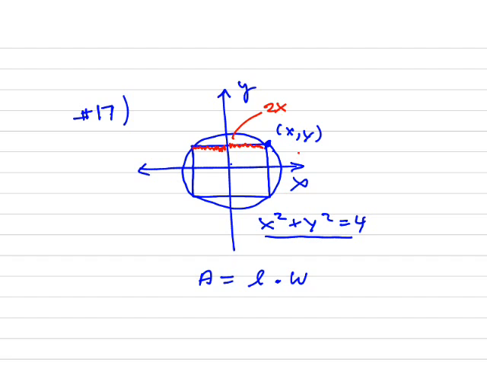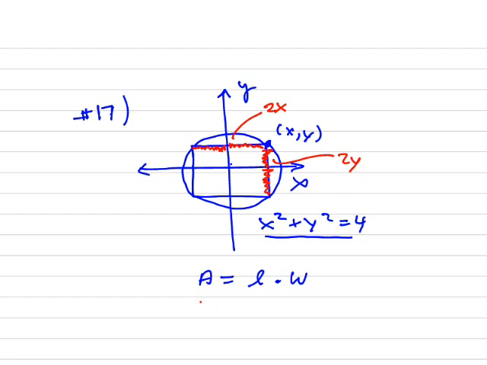The same thing works with the y, in that if you want to get the other dimension of the rectangle, this part, half of it, is equal to the y coordinate. So if y was 7, then this part of the height, or whatever dimension you want to call it, is equal to 7. So since it's a rectangle, and this happens to split it in half because it's centered around the origin, then 2y is equal to that dimension.